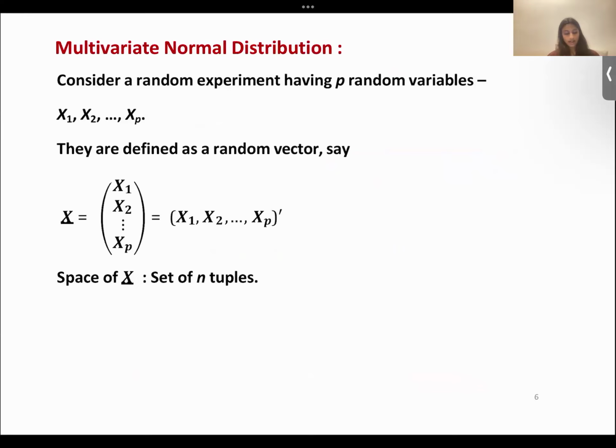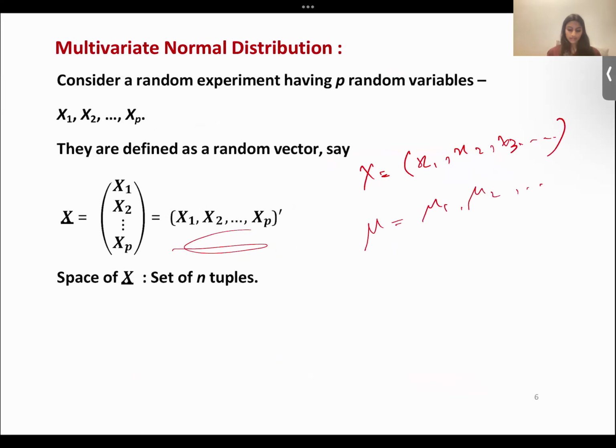So let's say x is a random variable and it's a vector. So x could be x1, x2, x3, and so on. It would have a mean, which is also a vector, mu1, mu2, and so on.